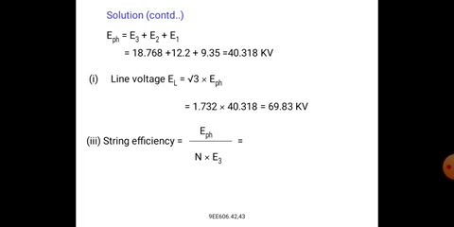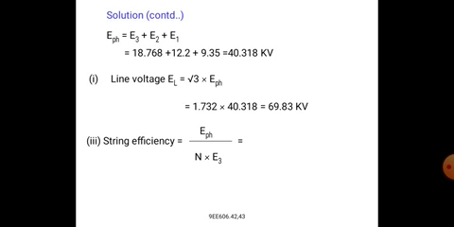Similarly, we have to find the value of string efficiency. Already we have found the ratio of capacitance between pin to self capacitance, K. So K is equal to 0.3048. Next, string efficiency is equal to, what is the definition for string efficiency?